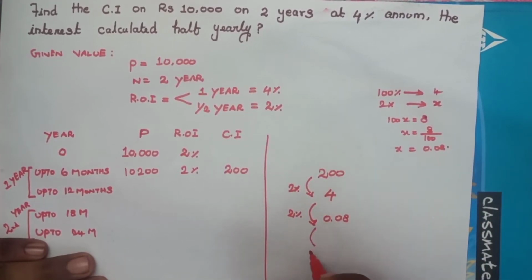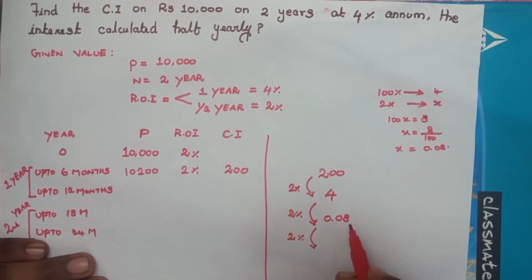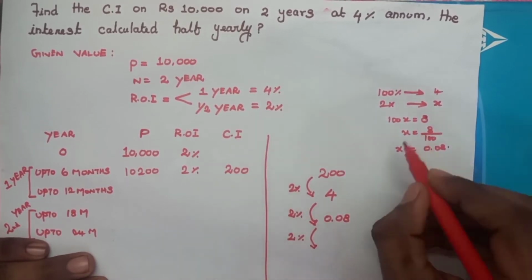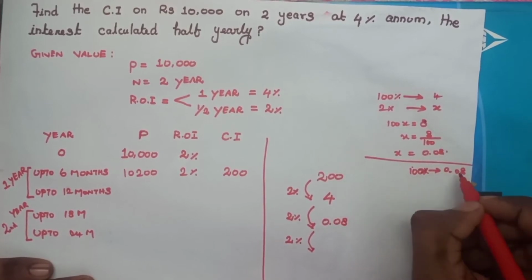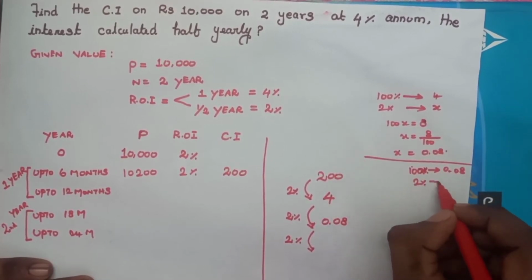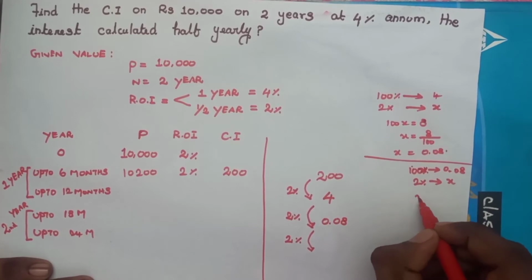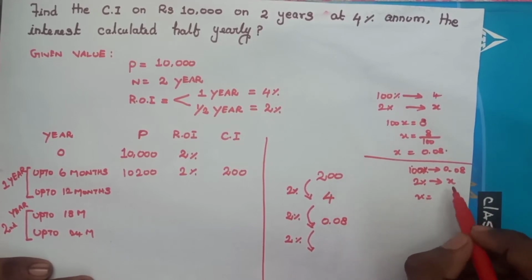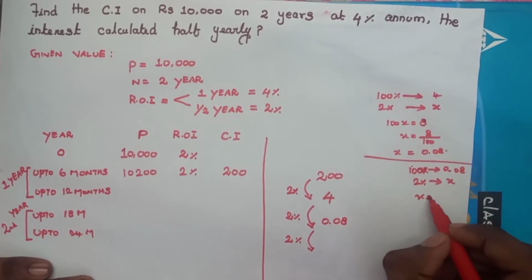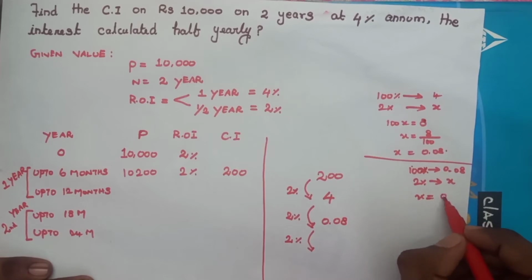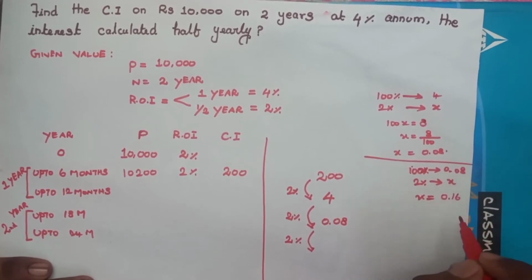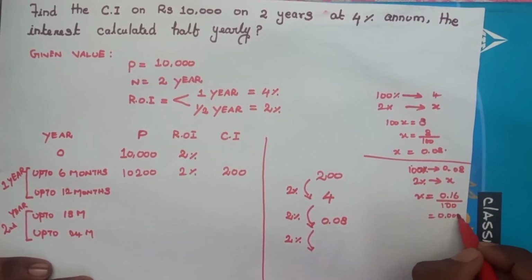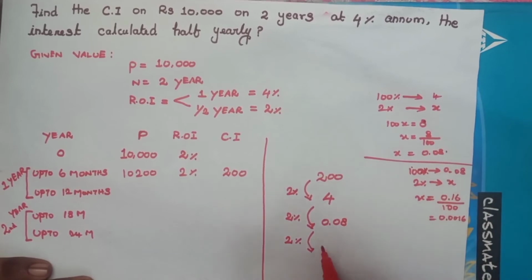And again you will calculate the 2% interest because it's a 4th time, right? So 100% equal to 0.08, then what is 2%? And x equal to 16 divided by 100, then it's 0.0016. Okay.